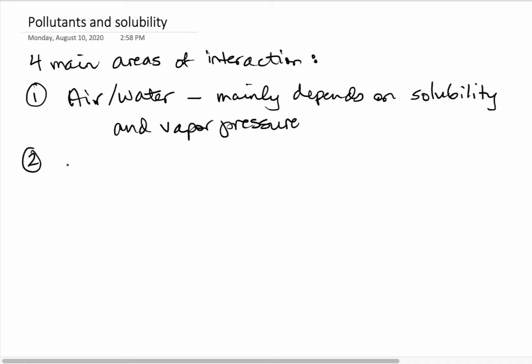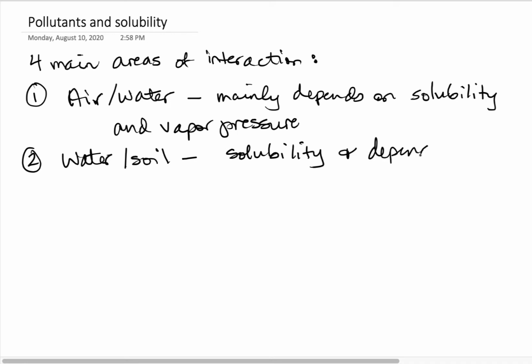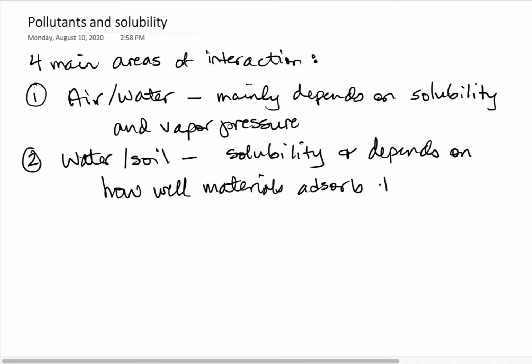Our next interface is the water-soil interface. This also depends on solubility. And it also depends on how well the materials, the pollutants, are going to adsorb, stick on, to the soil particles.